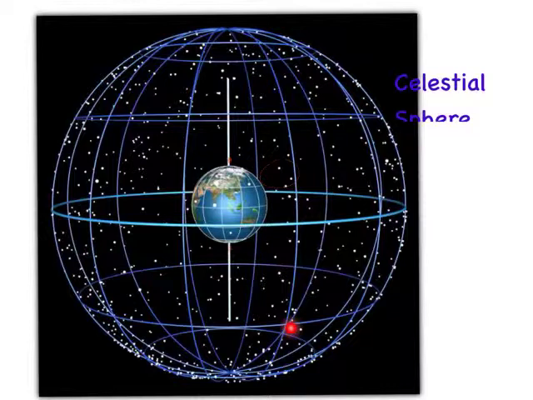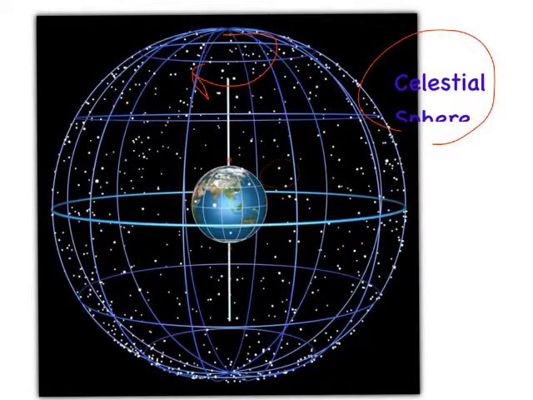So this is to say, now this isn't the way it really works, but you could think that the celestial sphere rotates, okay, and that's why our stars move. I'm going to talk in the next chapter about a guy named Ptolemy.